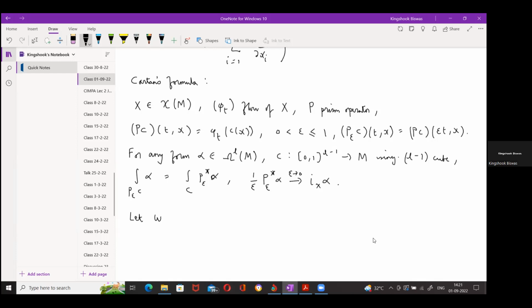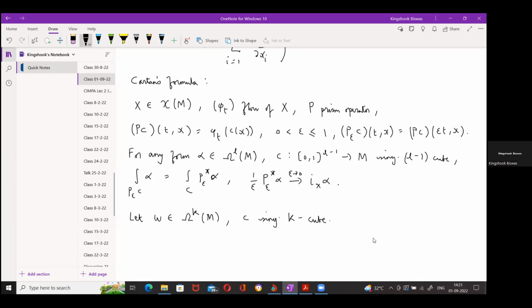So now let omega be a K form, and let C be a singular K cube.